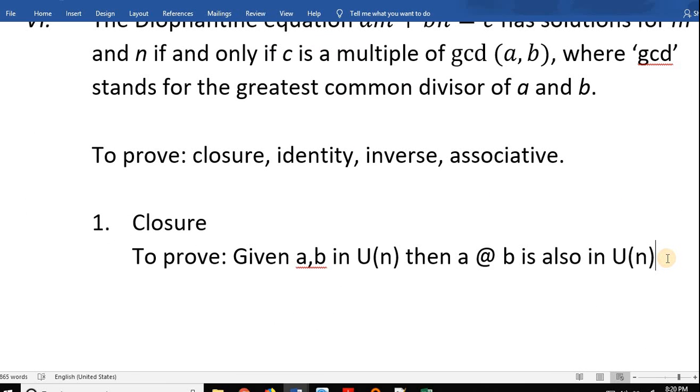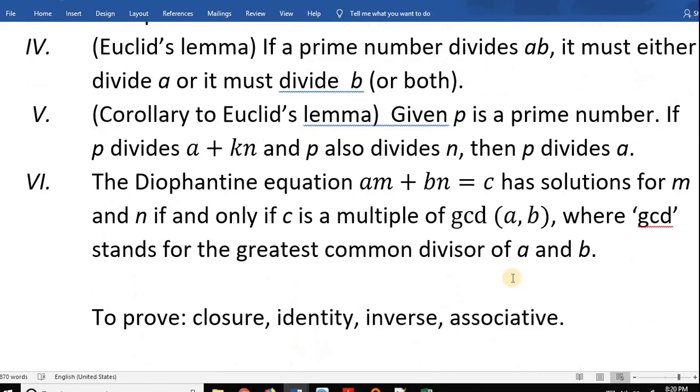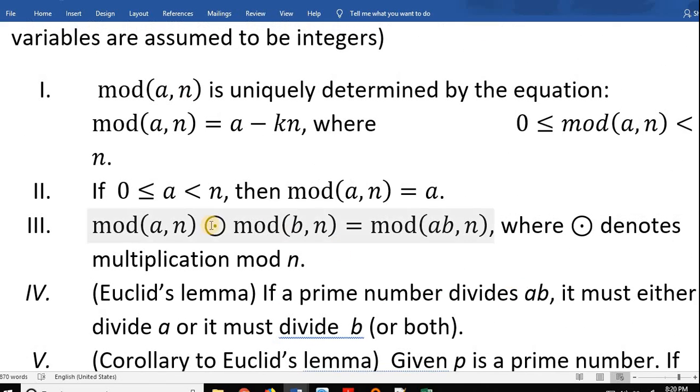All right, now, how are we going to use this proposition? So here, let's just put proof. I'll start off with this same statement, given A, B in U(n). Now, what do we want to show? We want to get A @ B. So how can we do that with these propositions? Well, here's a proposition that involves the operation of two things, but there's not an A and a B here.